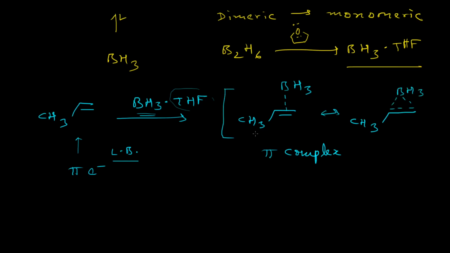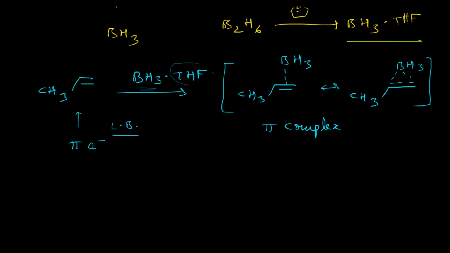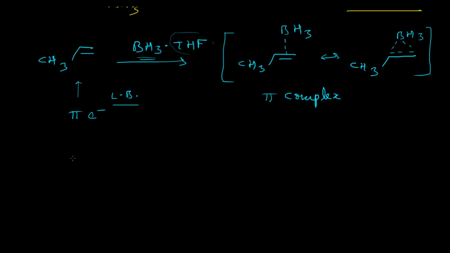Right? So this is the initial interaction between the alkene and the boron molecule. After getting sufficient activation energy, this pi complex will undergo bond breaking, and thereby it will form a sigma complex, or it will form the product molecules via a one-step reaction.